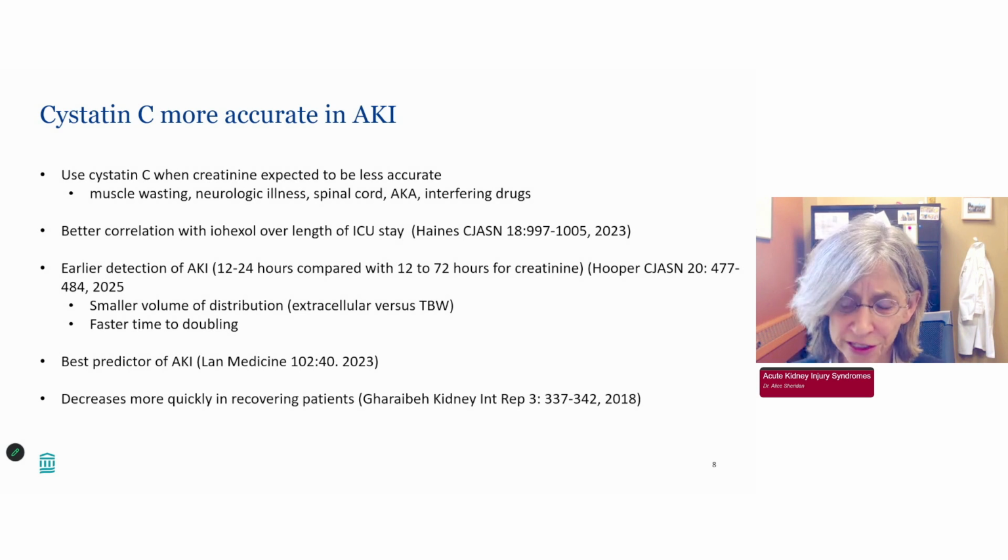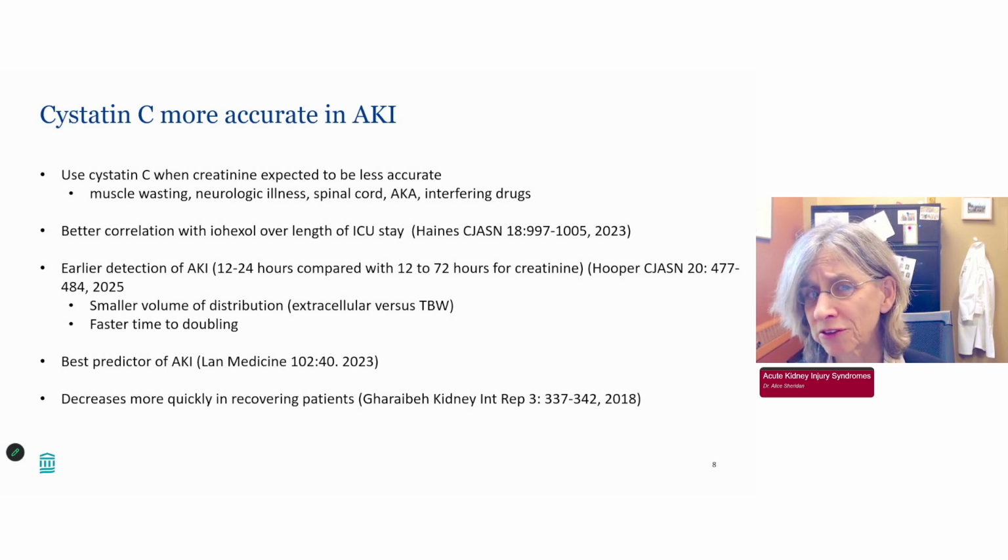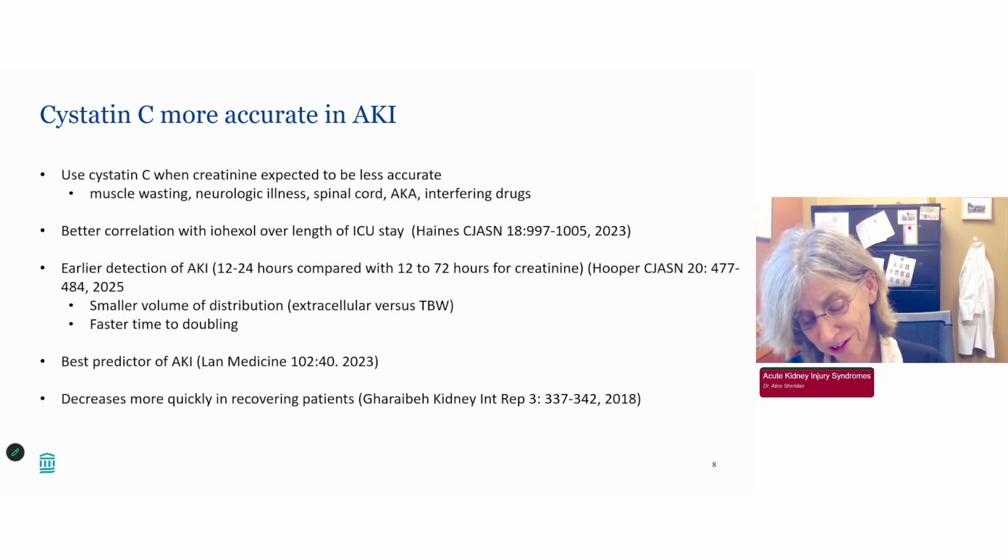And in one study, and again, this was dialysis patients, the cystatin C rebounded within 12 hours to 95% of the pre-dialysis value. And in 24 hours, that's the day after dialysis, it was back to 100% of the pre-dialysis value.